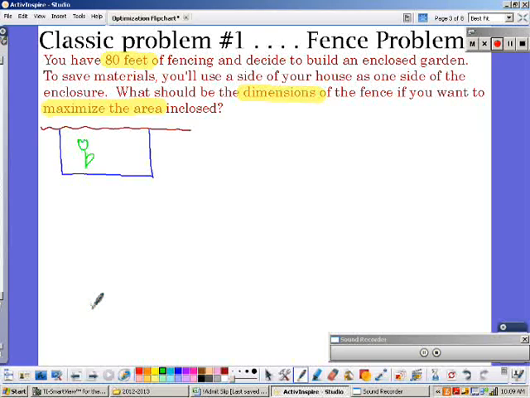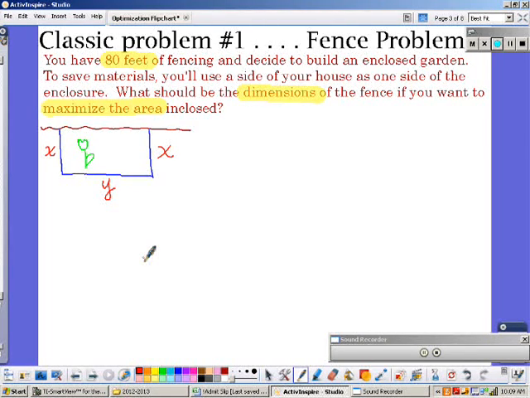Now we have no idea what the length right here and the width of our garden is. So let's just label those with variable names for the time being. So I'm going to call this side X. I'm going to call this side Y. This side, since it's a rectangle, is also going to be X. Now using this information, we're going to be able to write some equations to help us out.